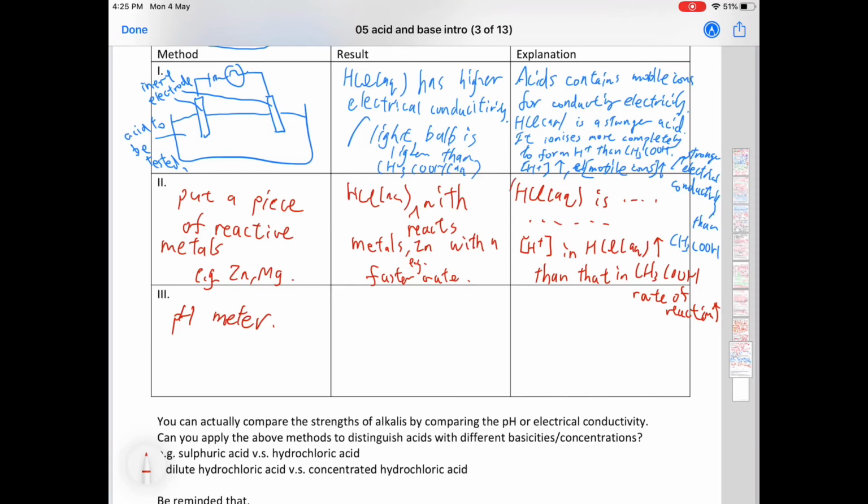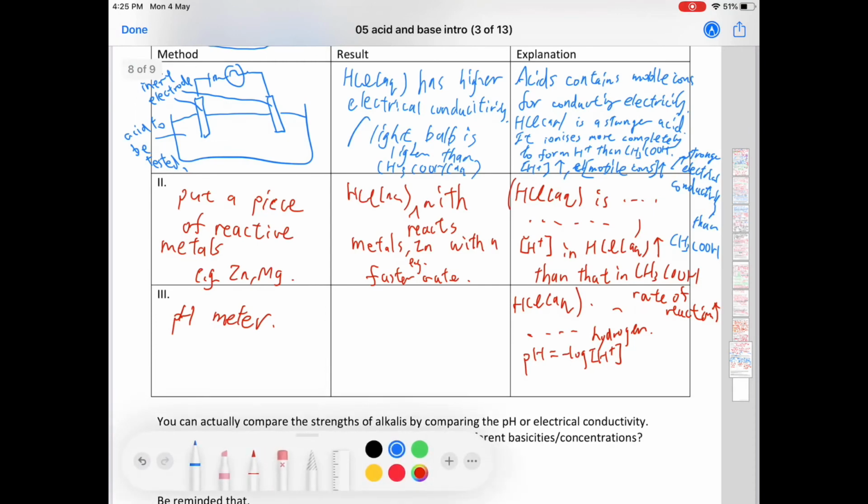Again, in the same sentence, HCl is a stronger acid, so it will more completely ionize to give hydrogen ion. Then what do we mean by pH value? A pH value equals the negative log of the hydrogen ion concentration.